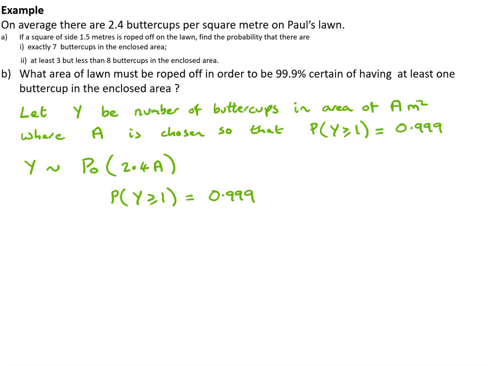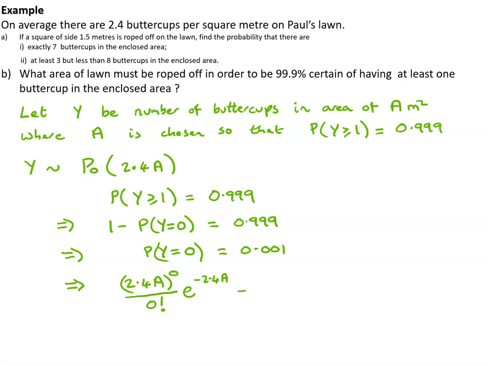Now we know that we want the probability that y is greater than or equal to 1 to be 0.999. In other words, 1 minus the probability that y equals 0 must be equal to 0.999. So the probability that y equals 0 must be equal to 0.001. The probability that y equals 0 is (2.4a) to the 0 divided by 0 factorial times e to the minus 2.4a.